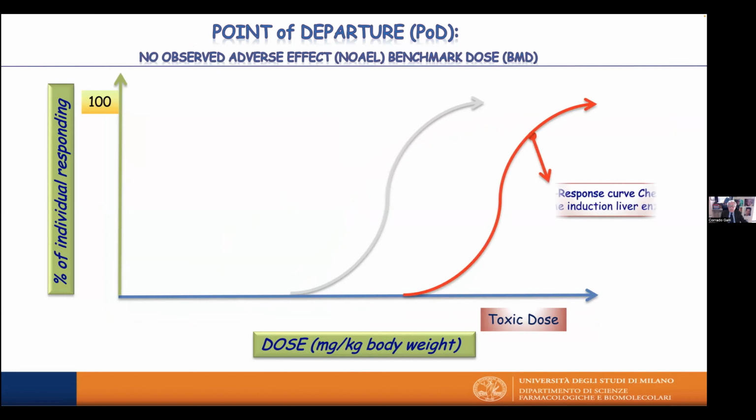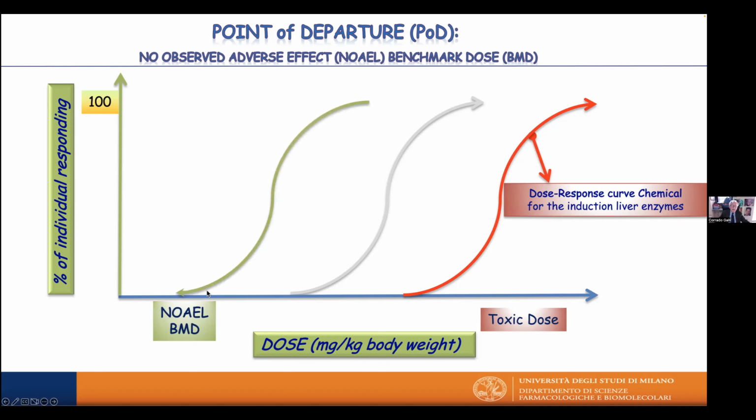For instance, here I put some enzyme induction in the liver, and then we are asked to produce another dose response curve that is backward, if you want, in some way, to define the point of departure, the no yellow or the benchmark dose.